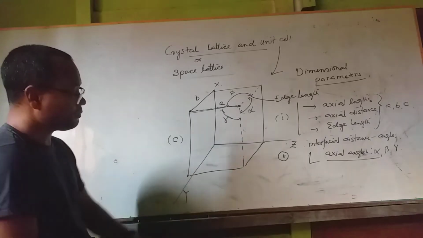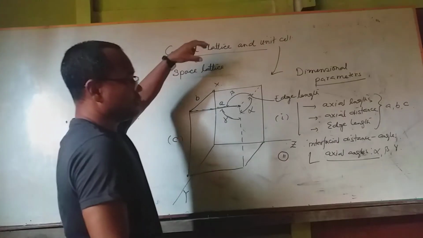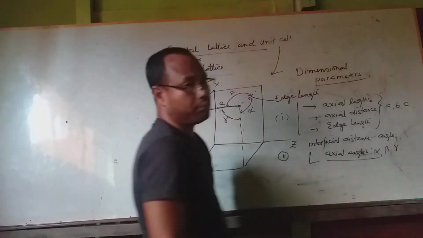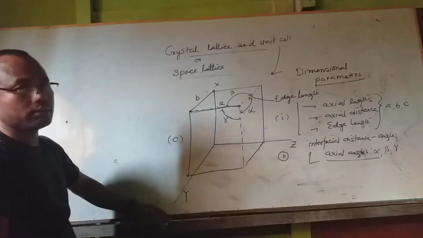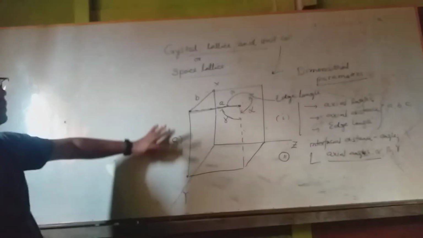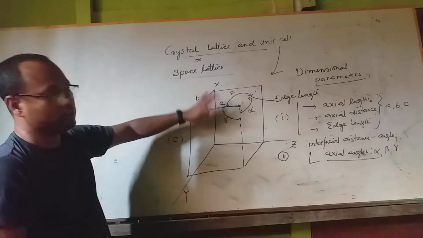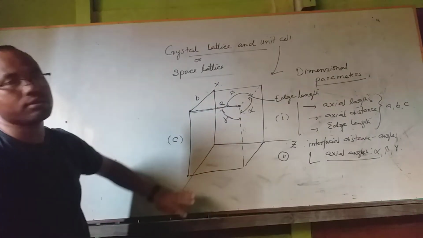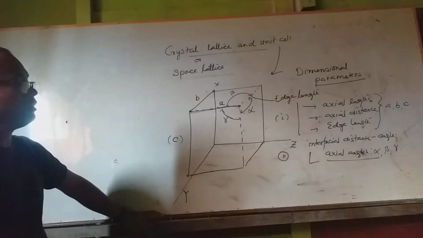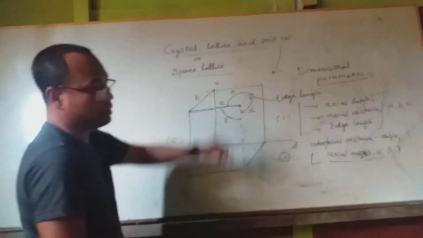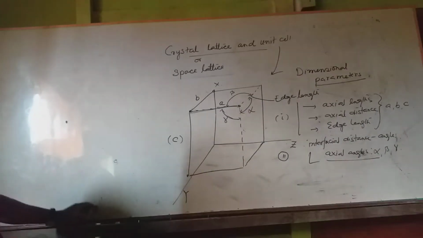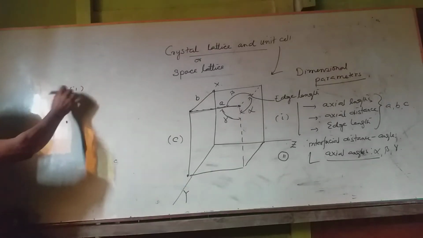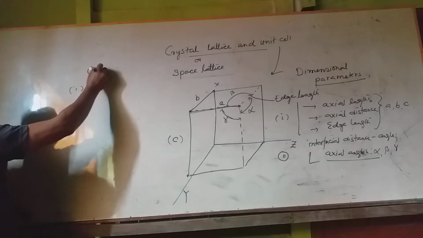Okay. Now, because of the different dimensional parameters, we can find different types of unit cell. On the basis of the different dimensional parameters, how many crystal systems can we find? There are 7 crystal systems.